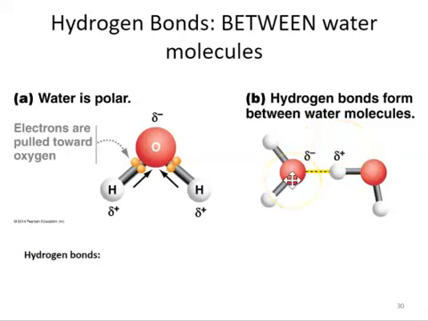This partially negative oxygen and this partially positive hydrogen atom are attracted to one another. This is a much weaker bond than a covalent bond. So when water molecules are next to one another in solution, these bonds will tend to form and break. But these are the bonds that will tend to hold these two molecules together. So this is intermolecular bonding in this case.